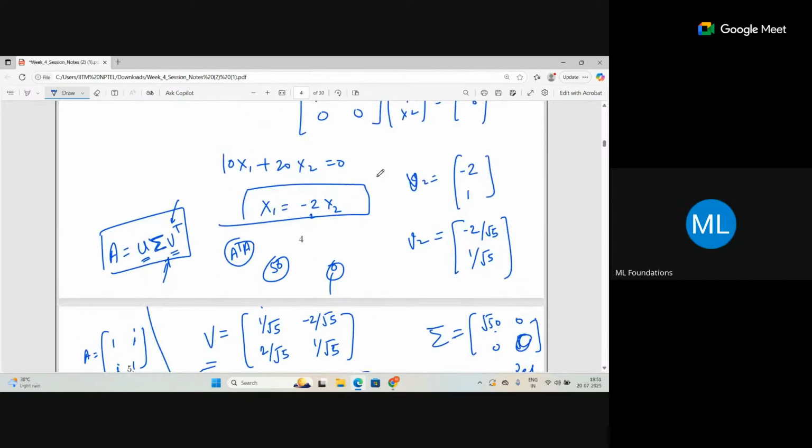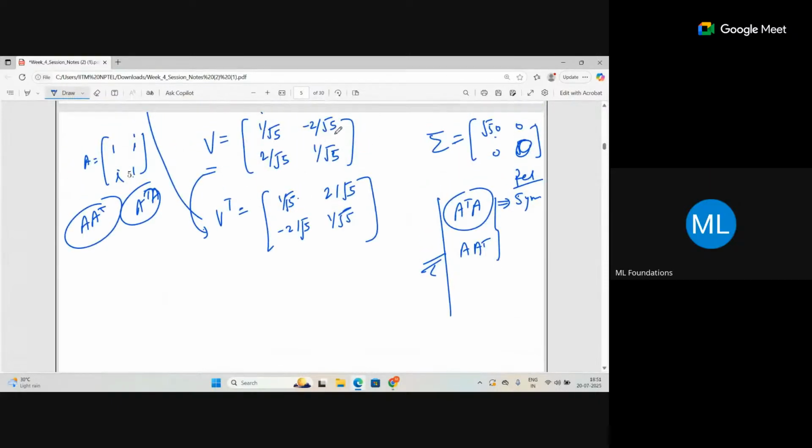When I wrote this v2, it denotes that my matrix V has two vectors, v1 and v2. Till now it is okay.